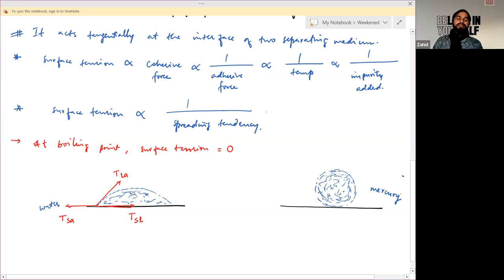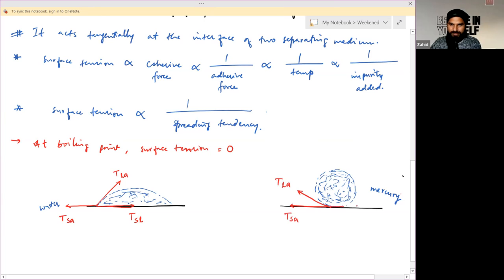So at this point, there are mainly three different interacting media. Similarly, for this shape, one will be tangential to this, between liquid and air. The other is along this direction, between solid and air.